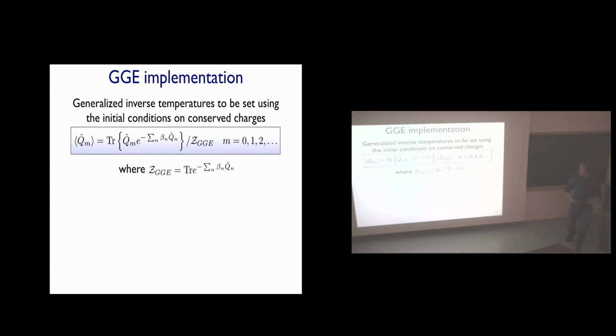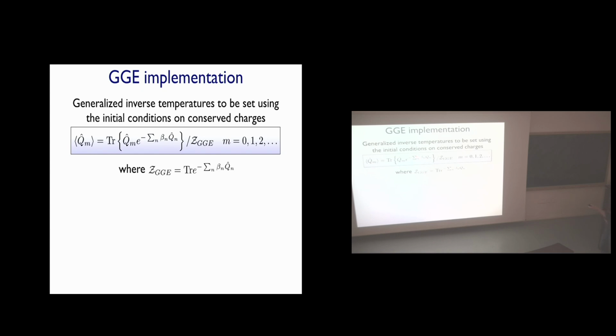I'm personally quite a critic of the GGE because I want to see it implemented in lots of different cases. And let's look critically at what the GGE requires. It requires, first of all, to encode all the initial data of your state into the values of these chemical potentials that you have here.